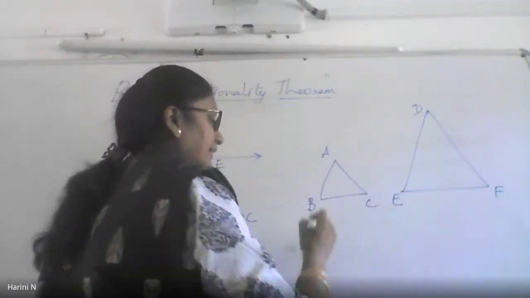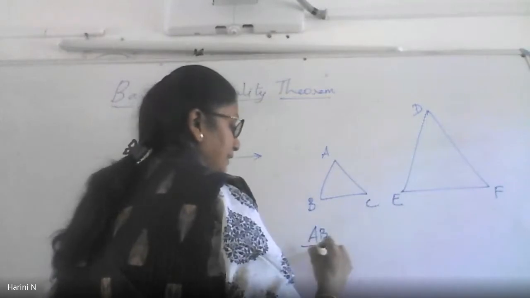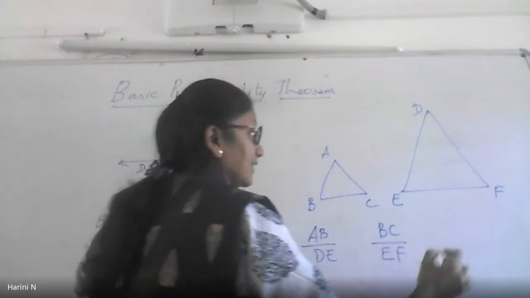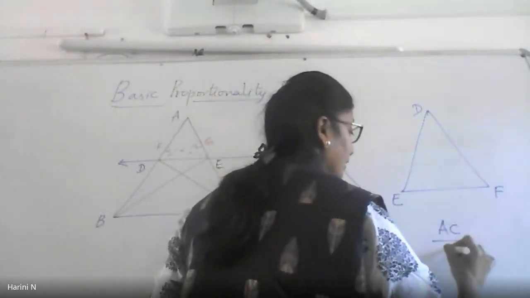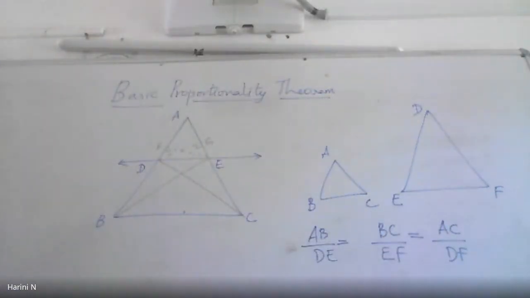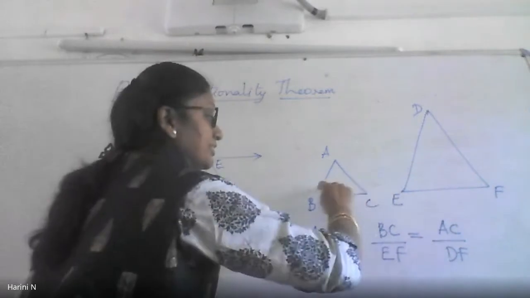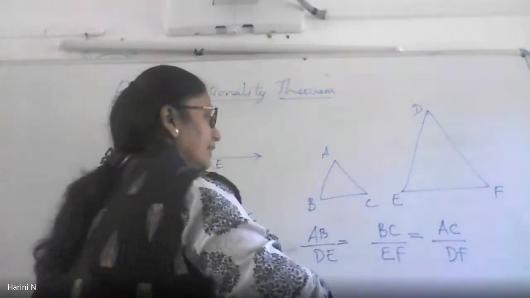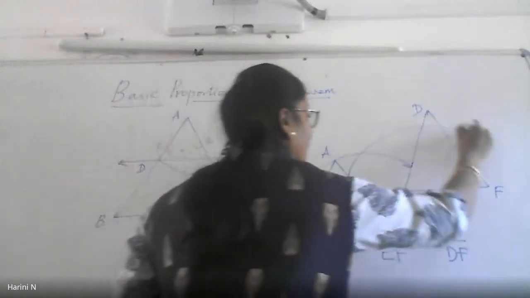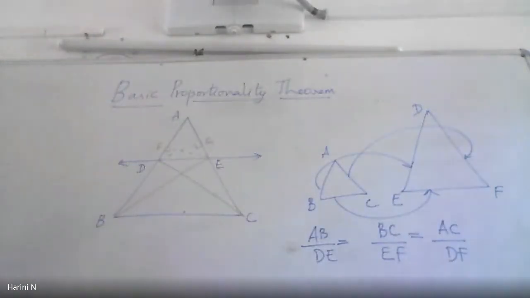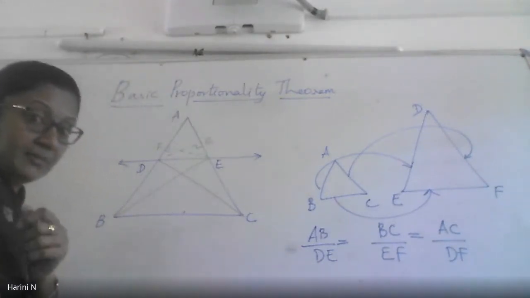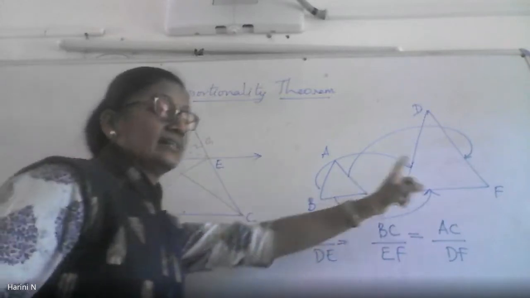But if I take the ratio of AB by DE, and the ratio of BC by EF, and the ratio of AC by DF, if all these three ratios are equal, that means they are proportional to each other. The corresponding sides, AB corresponds to DE, BC corresponds to EF, and AC corresponds to DF. If these corresponding sides become proportional, then I can tell that the two triangles are similar.